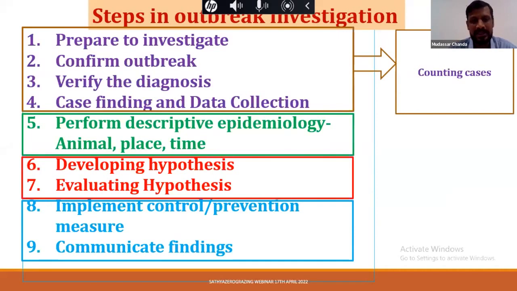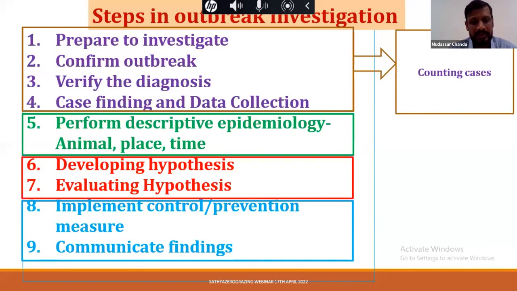The comparison part is very important here. That's what they always say: count, divide and compare. This is a CDC concept. They say that whenever you're doing a study, remember to count, then divide, and then compare. Compare healthy animals and affected animals, so that you can know why.